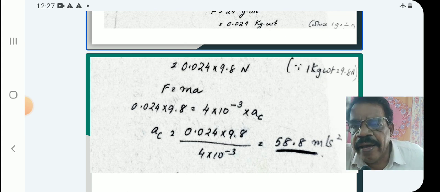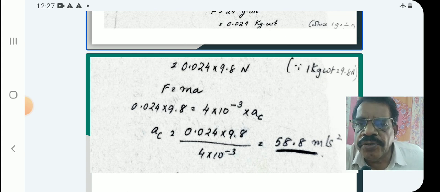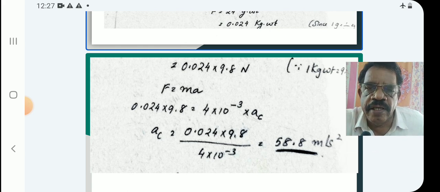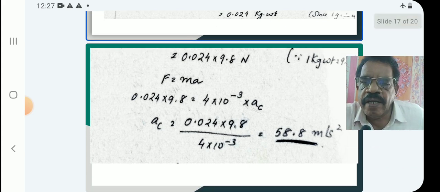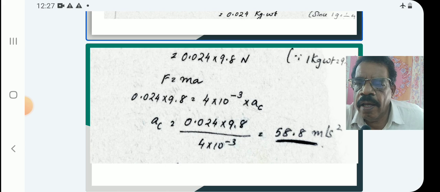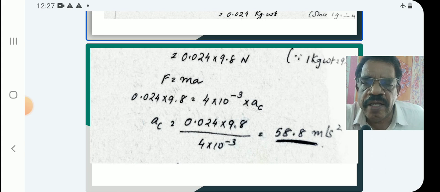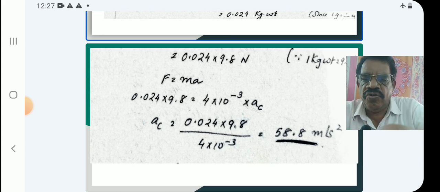F is ma. That is 0.024 into 9.8 is equal to 4 into 10 raised to minus 3 into acceleration AC. The symbol for acceleration we can write as AC or alpha. AC is equal to 0.024 into 9.8 by 4 into 10 raised to minus 3, 58.8 meter per second square.